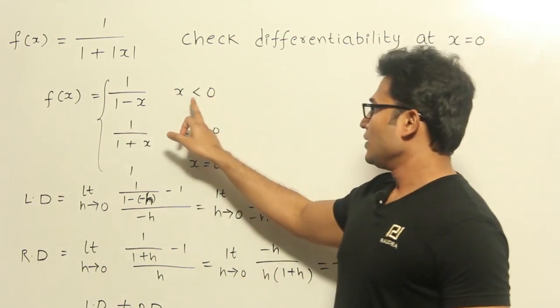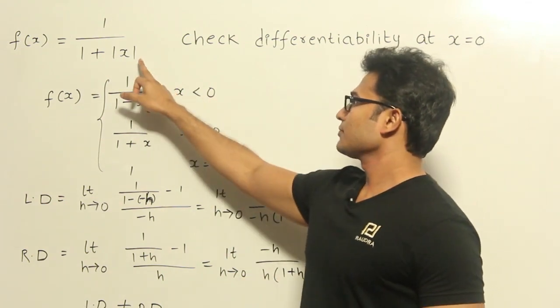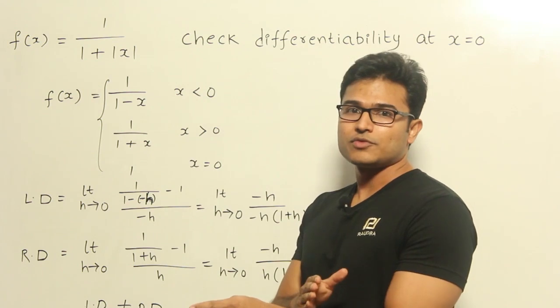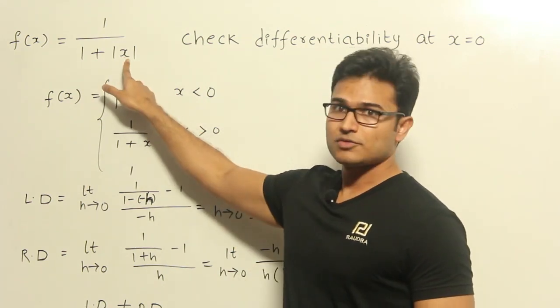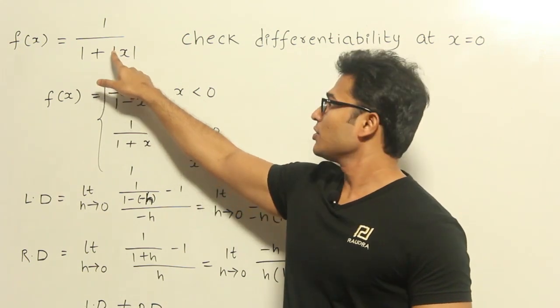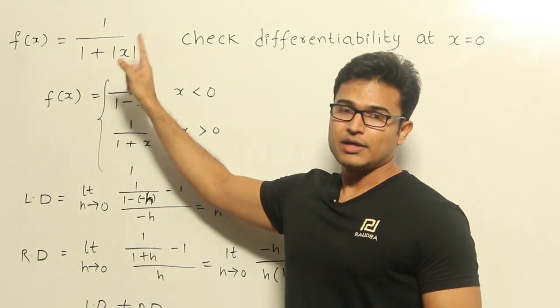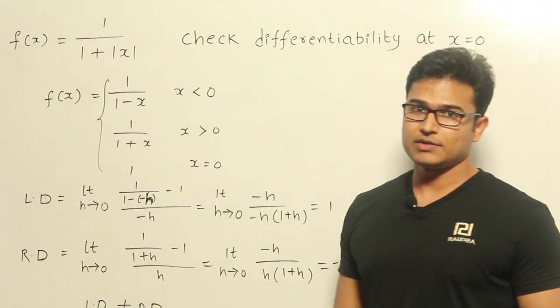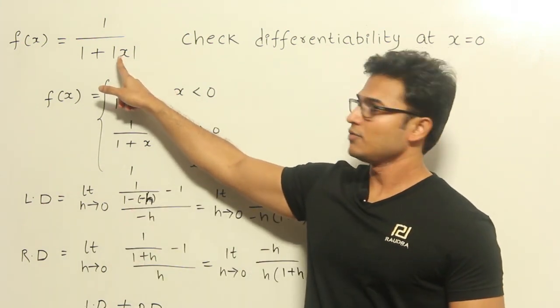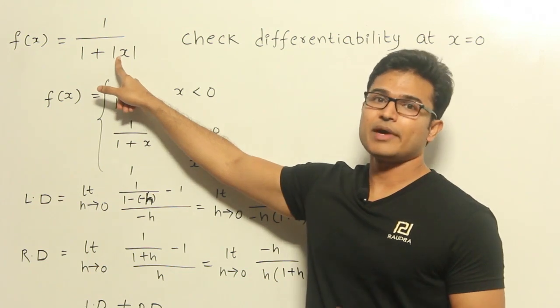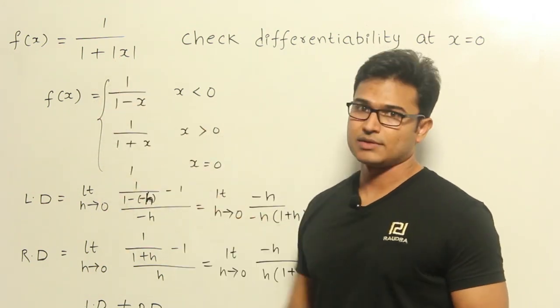Now see this. If we talk about the function at a point left of 0, we are talking about negative numbers, which means x is negative. Whenever x is negative, if you remove this mod, it is going to be minus x, which means 1 by 1 minus x.